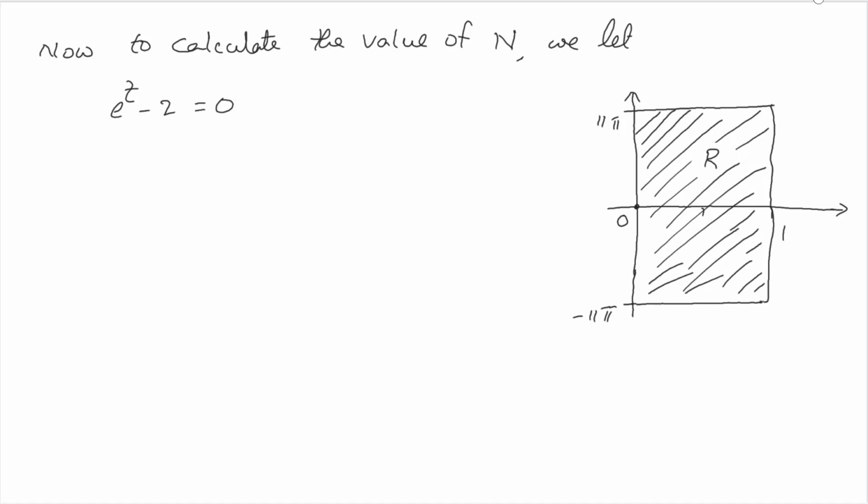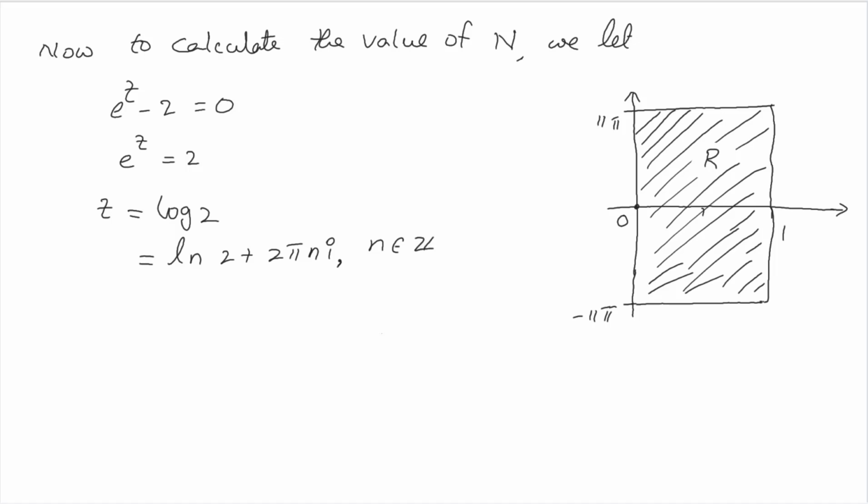Now to solve the equation e to the power of z minus 2 equal to 0. From this equation, we can see e to the power of z equal to 2. And from this, we can see the value of z as log 2. By the definition of the logarithmic function, the value of log 2 can be ln2 plus 2 pi n i, where n runs over all integers.